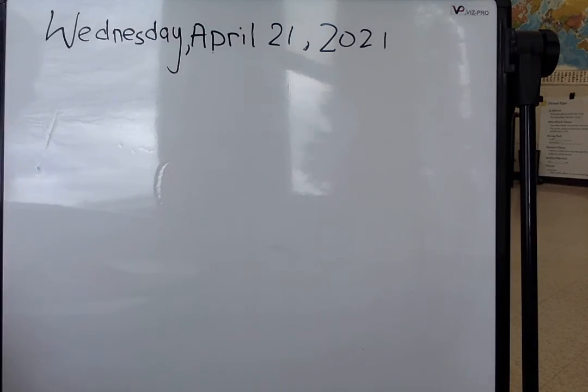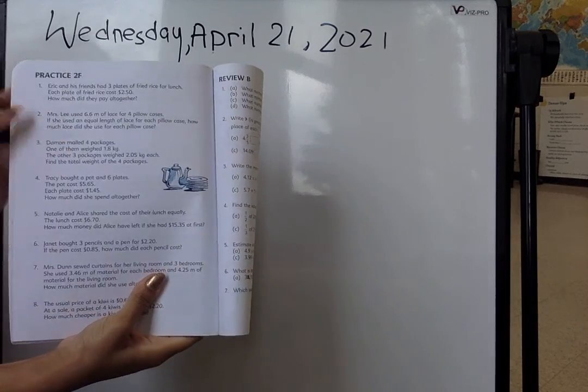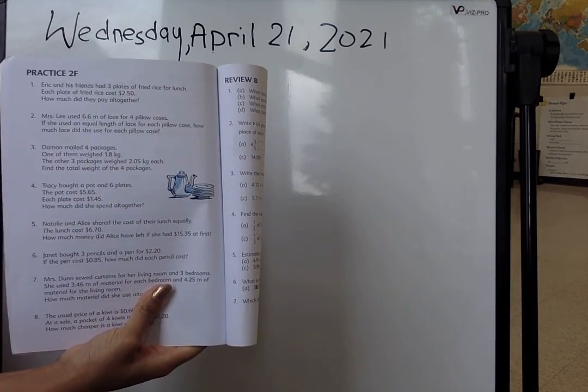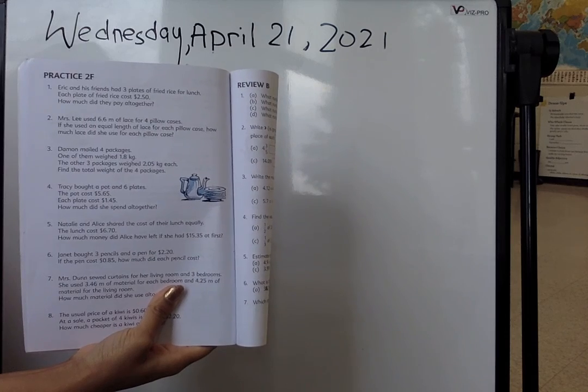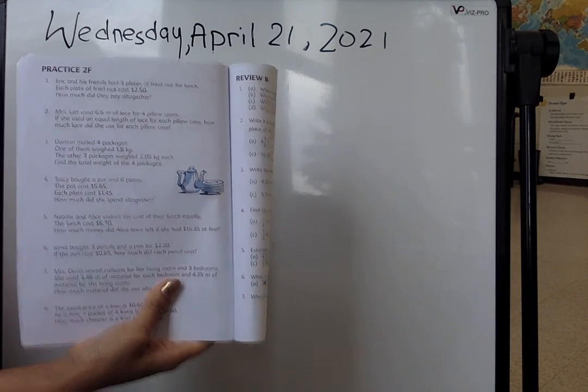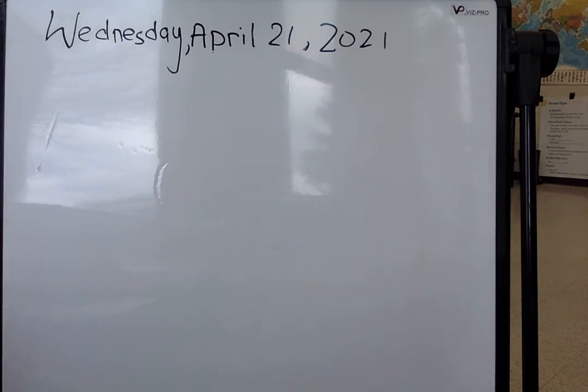Question number 1 says Eric and his friend had 3 plates of fried rice for lunch. Each plate of fried rice cost $2.50. How much did they pay all together? Okay, so we know that one plate is $2.50 and they ate 3 plates of fried rice, right?